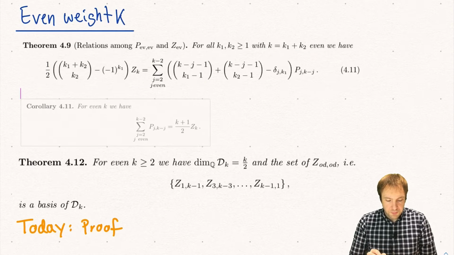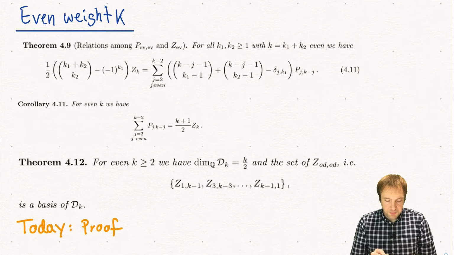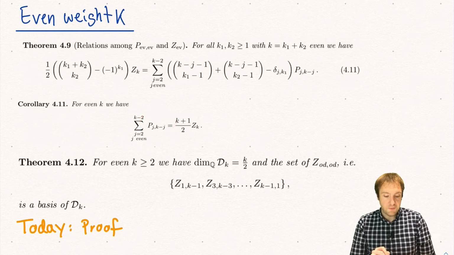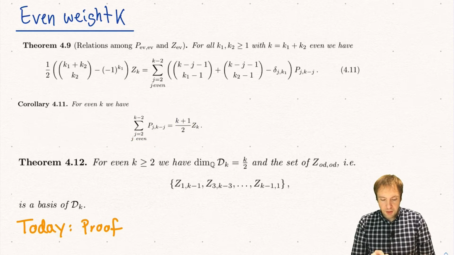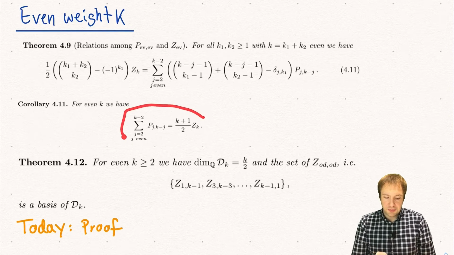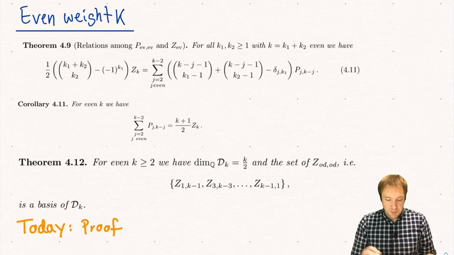For example, one simple consequence or special case of this theorem is that the sum of all P even is just a multiple of Zk. And again, if we choose the zeta realization, this is just a classical recursive formula for single zeta values.